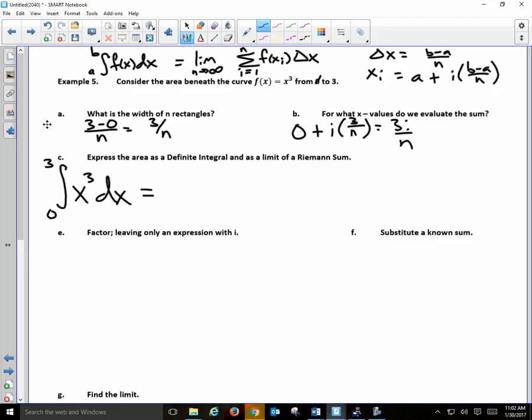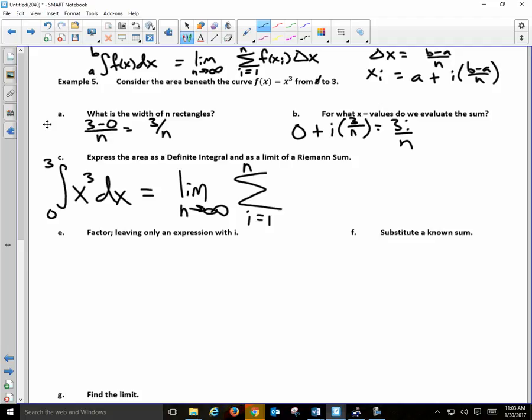That's equal to, and then this is what we're trying to solve, the limit as n goes to infinity of the sum from i equals 1 to n. We write that every time. Then we have f of x sub i. What's x sub i? 3i over n.